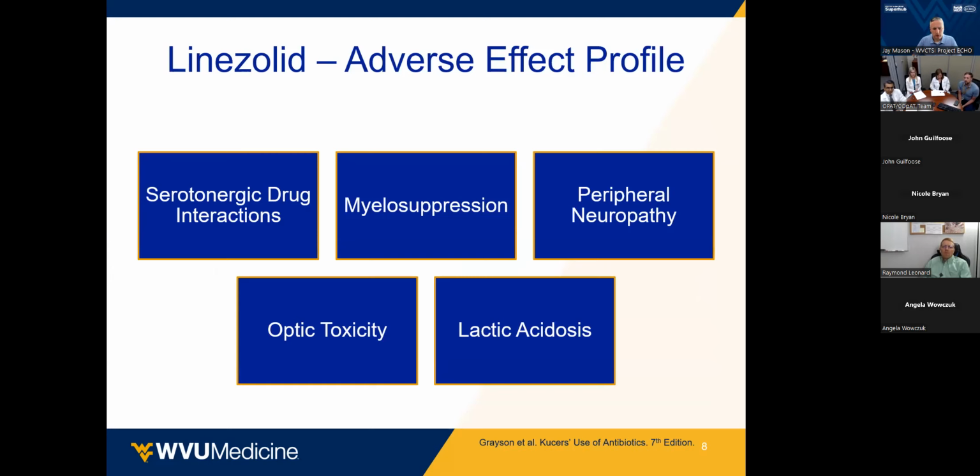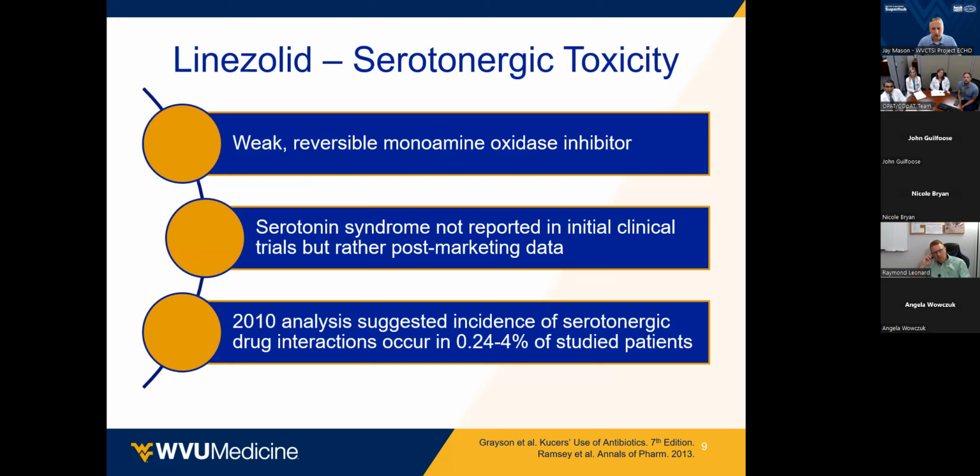Of note, the neuropathies have been more observed in courses in the months range, so anywhere from 4 to 10 months. So that would mostly be a concern if that agent's used as, say, part of a mycobacterial regimen, not necessarily in our typical 6 to 8 week course for a number of other infectious processes.